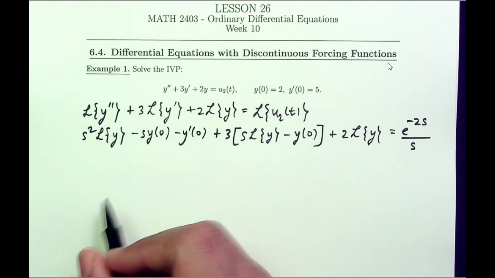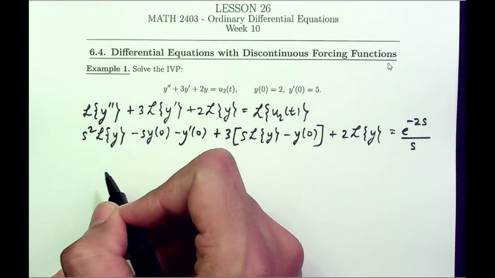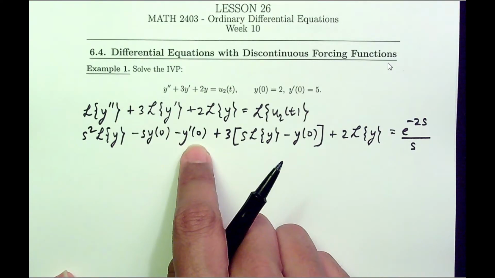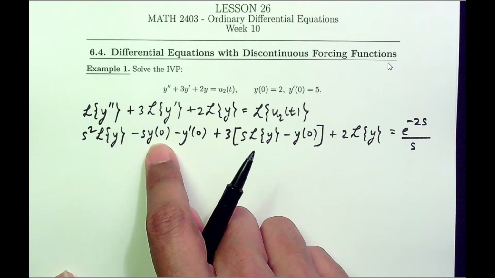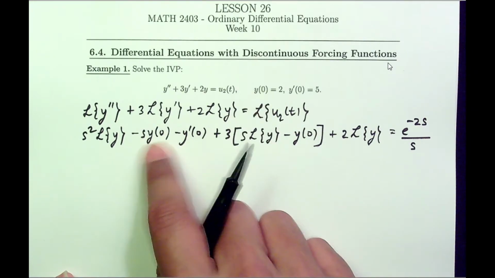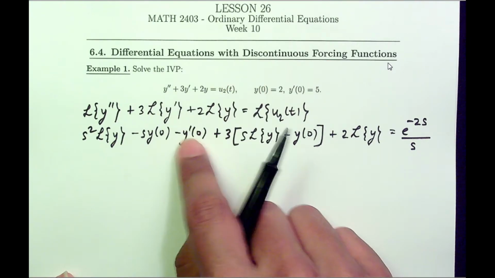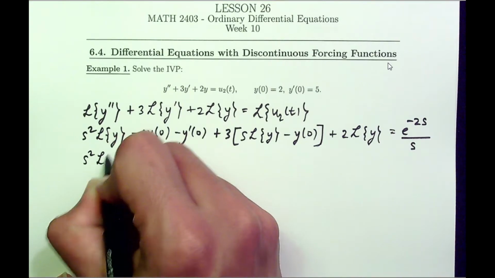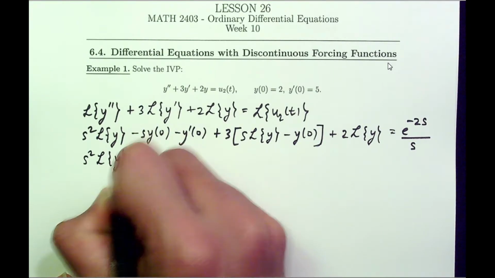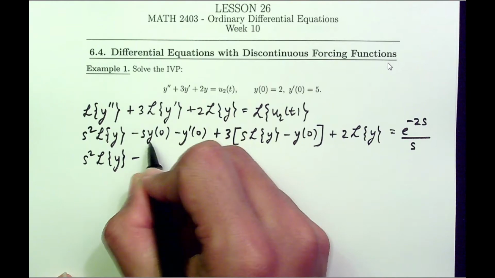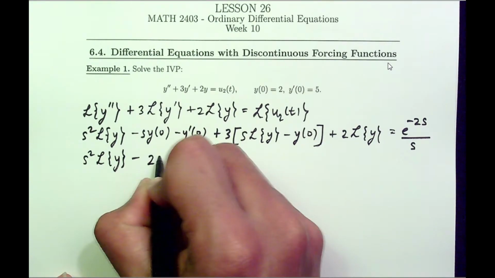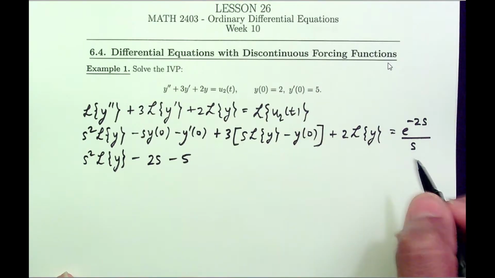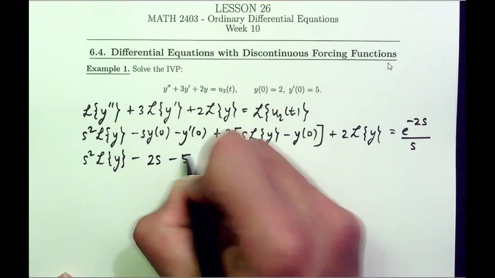All right, next we're going to simplify by plugging in what these things are. Y evaluated at 0 equals 2, and y prime at 0 equals 5. So this is s squared Laplace transform of y minus y of 0, which is 2, so minus 2s, and then y prime at 0 is 5, so minus 5, this is a 5, not an s.